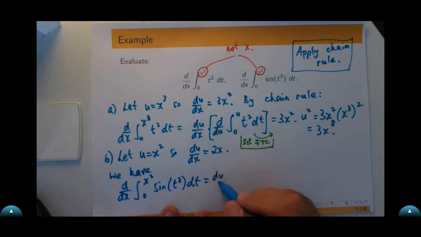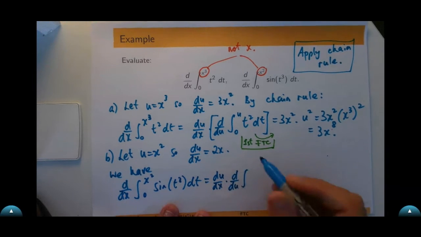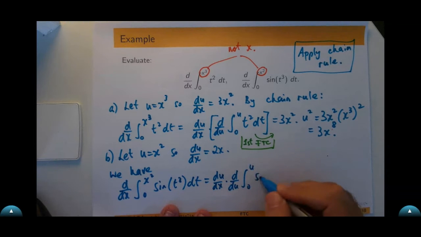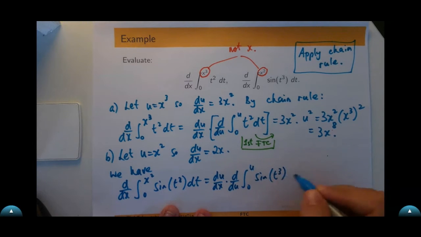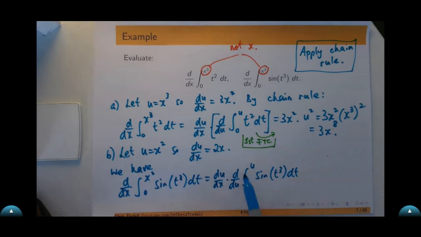Okay, so now I'm going to do the chain rule. And now I can evaluate this by the fundamental theorem of calculus, and this is 2x. So that goes in there.